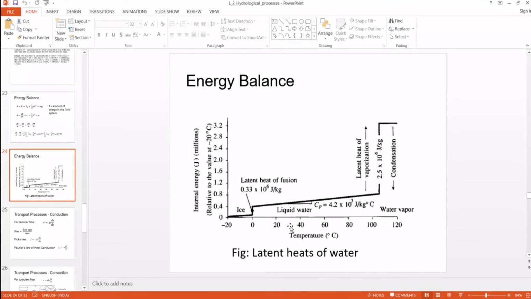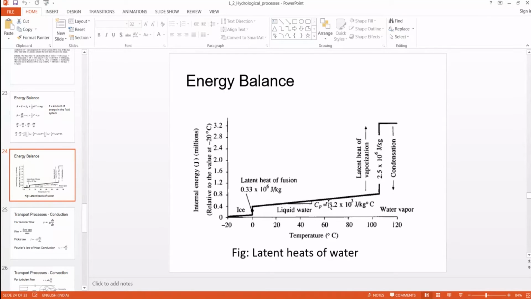Even evaporation takes place in the polar regions, where ice becomes vapor. For that, it requires latent heat of fusion, equal to 0.33 times 10 power 6 joule per kg. This latent heat is obtained from solar energy.